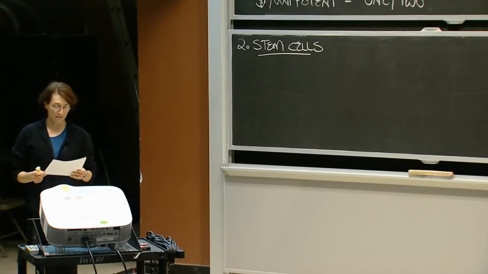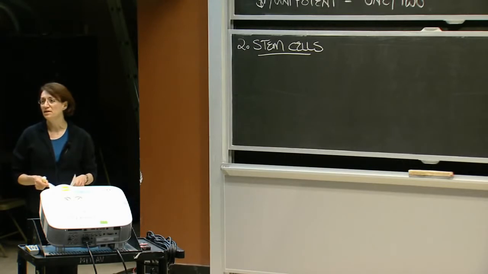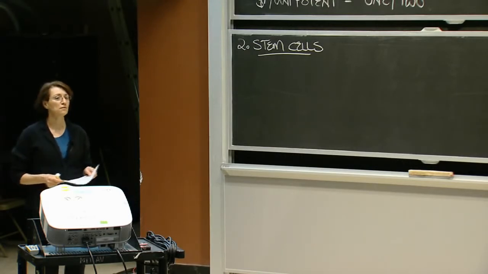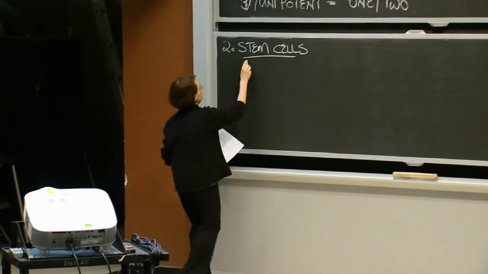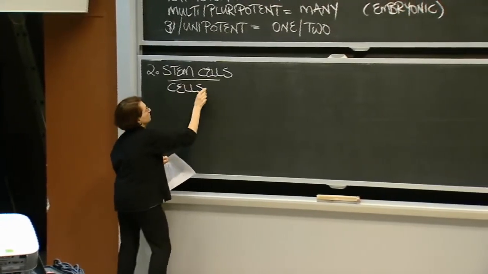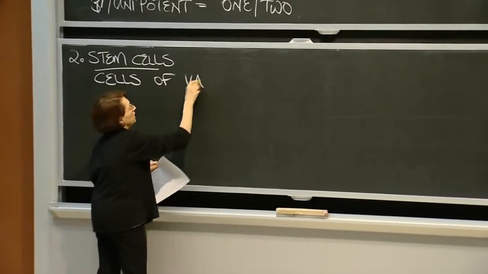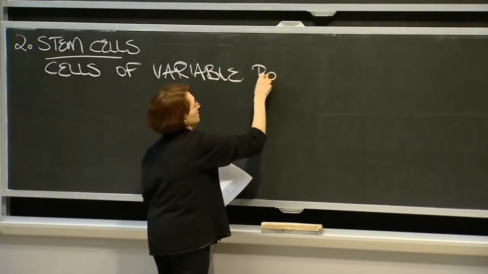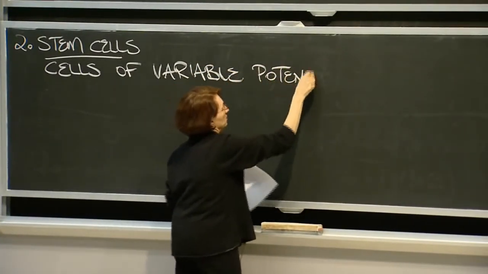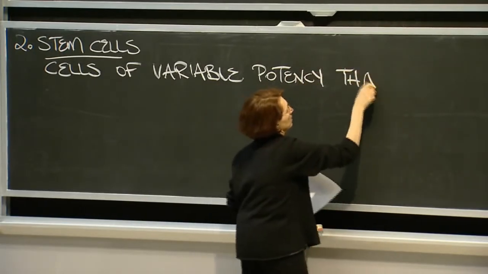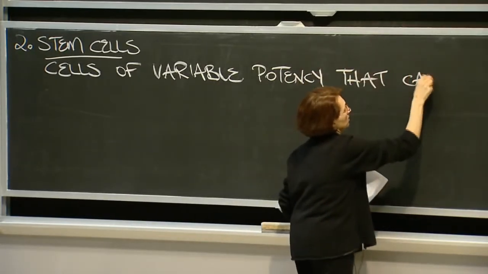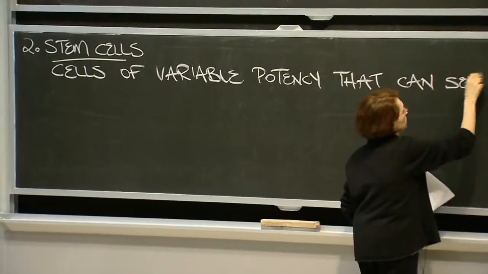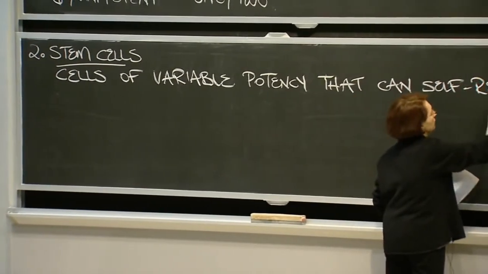I think that a stem cell can be defined as a cell of variable potency that has the capacity to self-renew. They can make more of themselves.